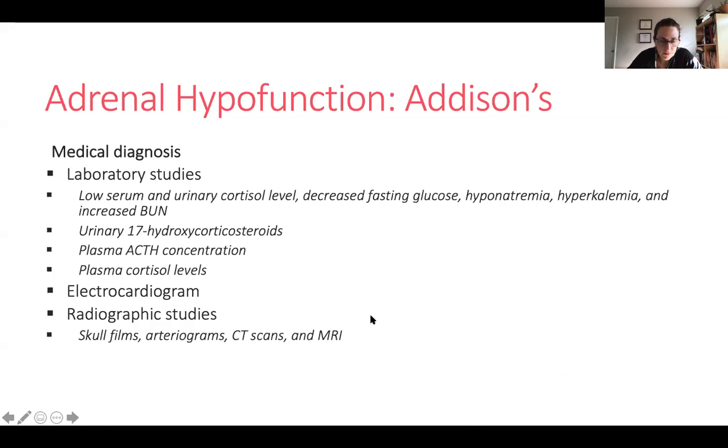And they'll test the other corticosteroids as well, such as ACTH concentration and cortisol levels in the blood. The echocardiogram will let them know if there's any electrolyte dysfunction.